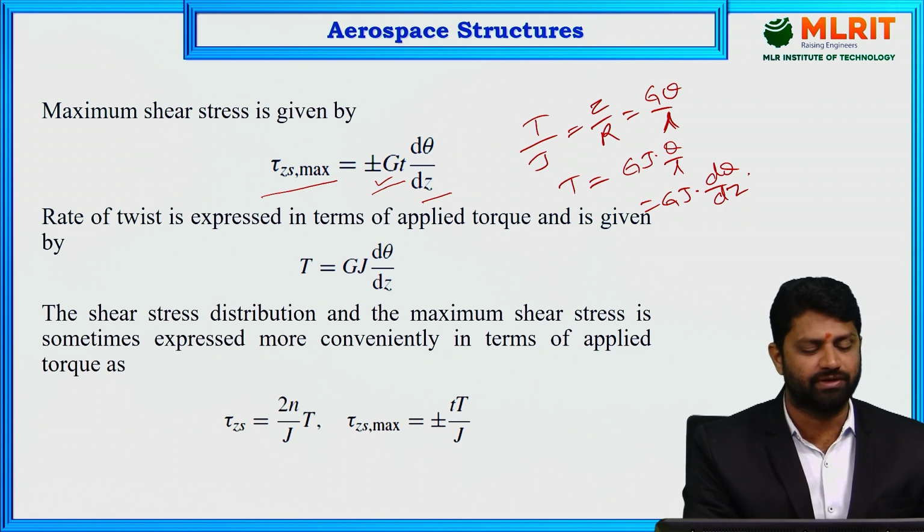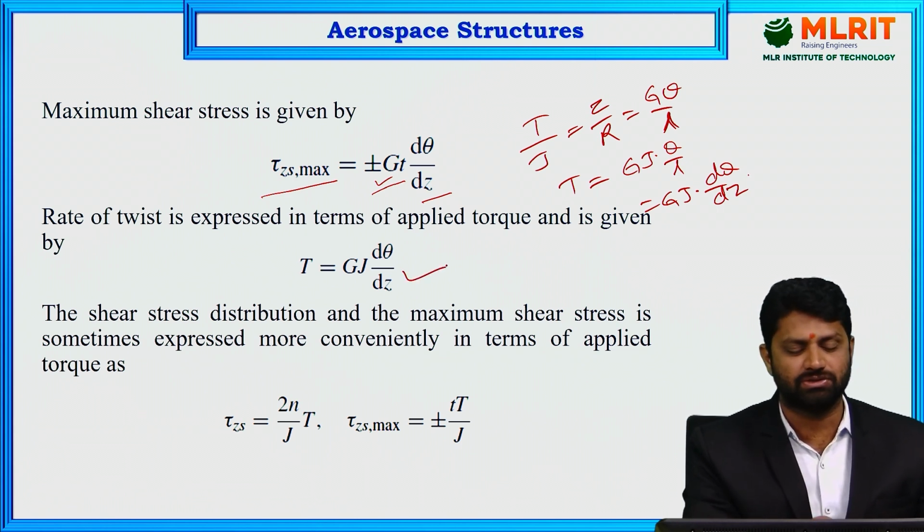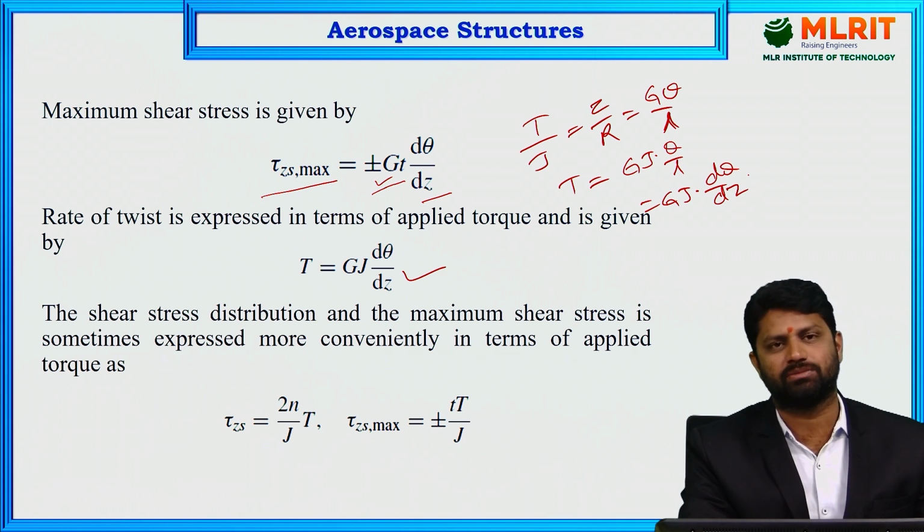So the rate of twist is expressed in terms of the applied torque and is given by T equals GJ into d theta by dz. The shear stress distribution and the maximum shear stress are sometimes expressed more conveniently in terms of the applied torque.